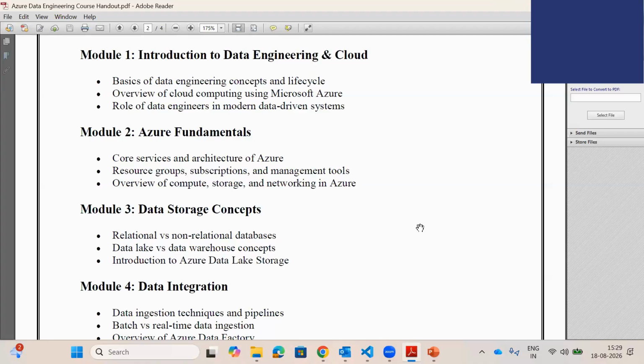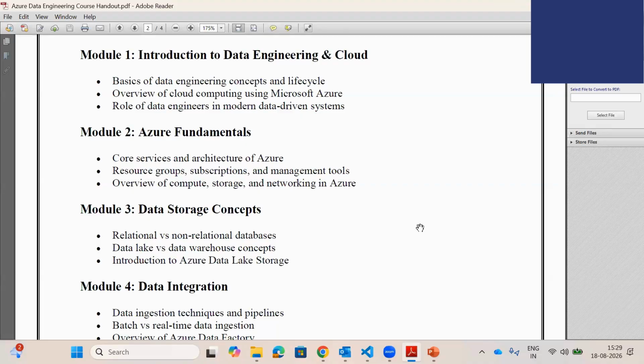Because when we are talking about data, it is definitely going to be kept somewhere, right? And that somewhere is nothing but the storage. If you don't understand how in Azure we can keep the data in the right way, you cannot use it in the right way, or utilize that data with security, backup, or disaster recovery kinds of concepts.